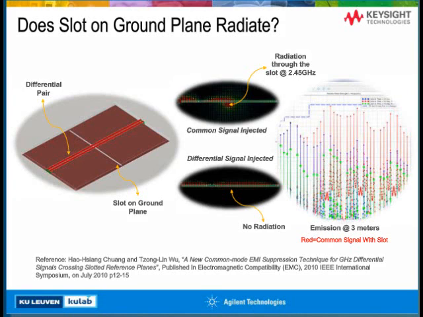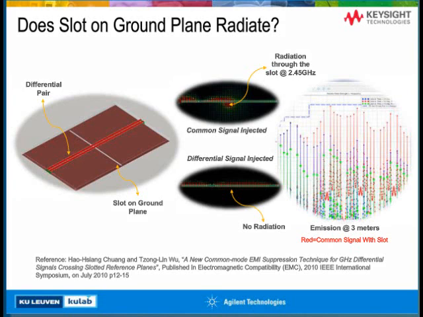However, if you look at the bottom picture that shows the differential signal injected, you don't see much energy coming out from the slot. This is because the differential signal is using those traces, not much of the ground plane. So the slot is not affecting radiation much, but when the common mode is launched onto the pair of transmission lines, then we are going to see more problems for the emission level.